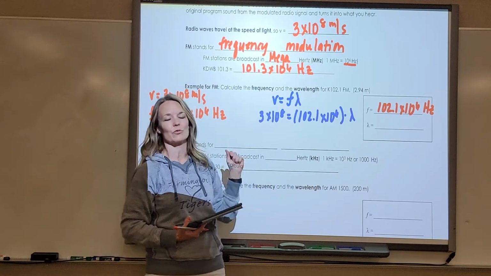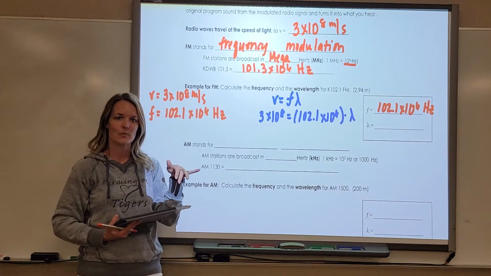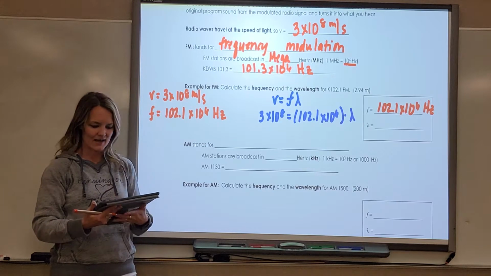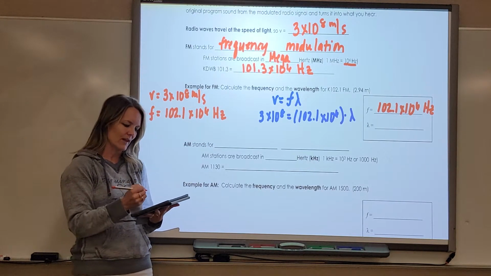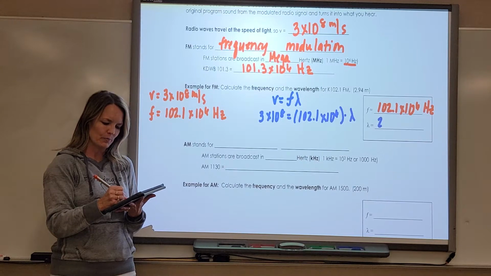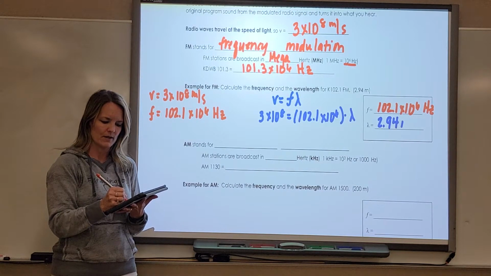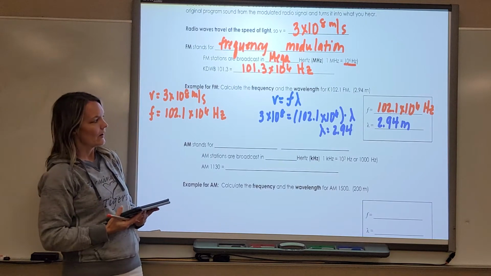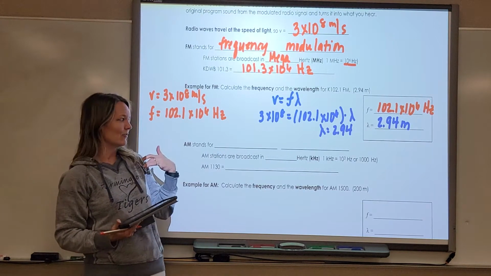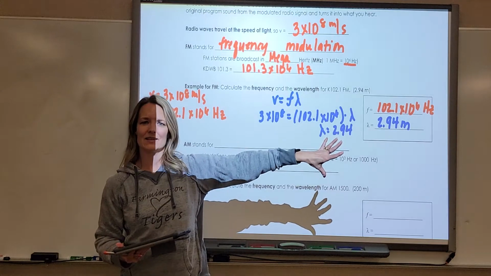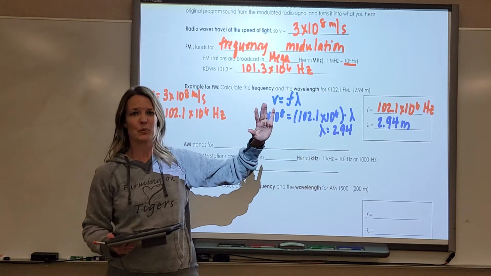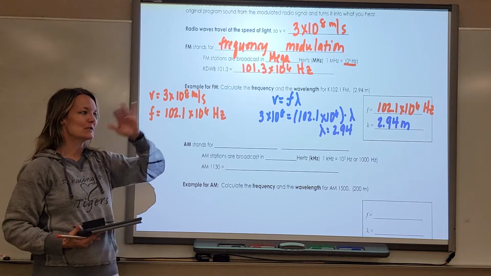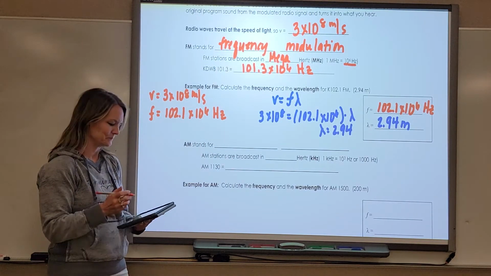So 3 times 10 to the 8th divided by, in parentheses, 102.1 times 10 to the 6th, you should get a wavelength of 2.94 meters. That wave is about the size of the front of my room. It's pretty big for a wave. If we could see radio waves, we would see a very large wave coming at us.